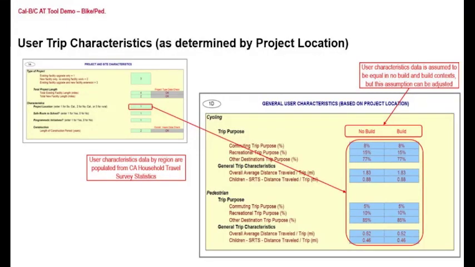The reason they're the same in the build and no build is it's just pulling from the same statewide data. If your project would change the trip purposes and the usage, you should be putting in the right trip purposes here. They happen to be the same here because we didn't change them for this example.